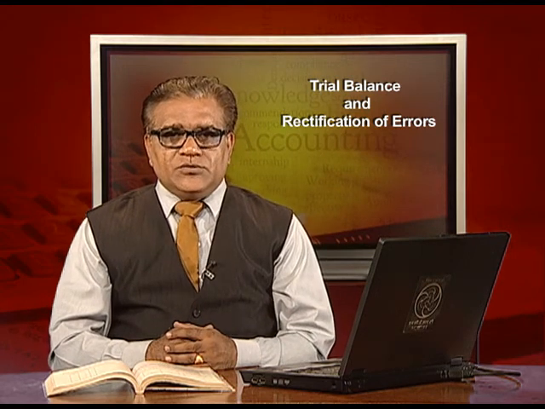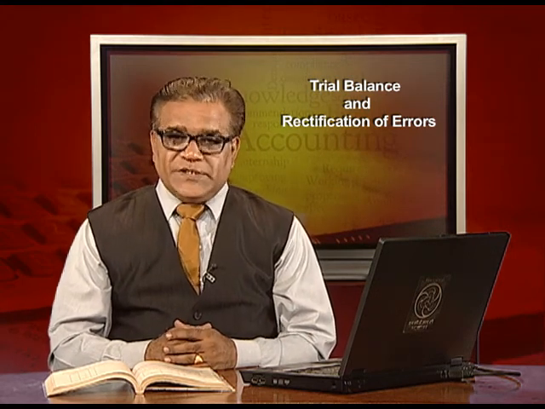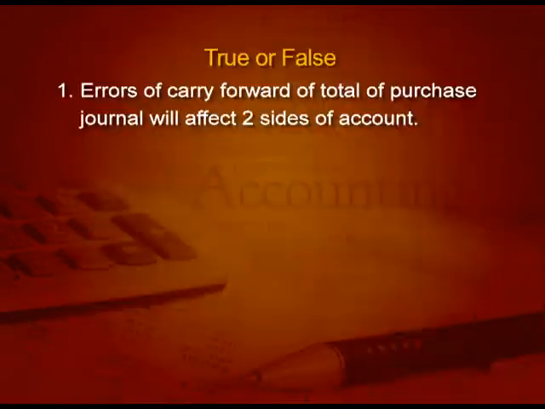Let's do some true and false questions also with reasoning. First, error of carry forward of the total of purchase journal will affect two sides of the account. These are very tricky questions. Please listen carefully.